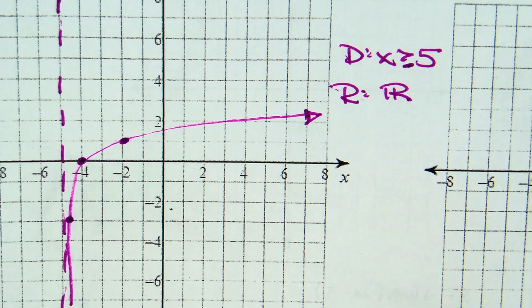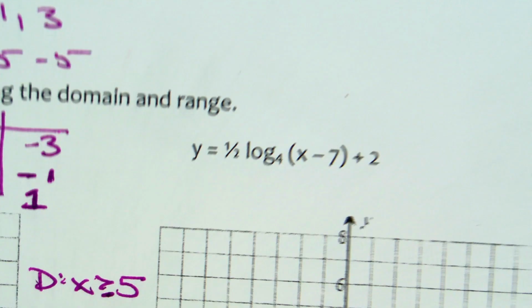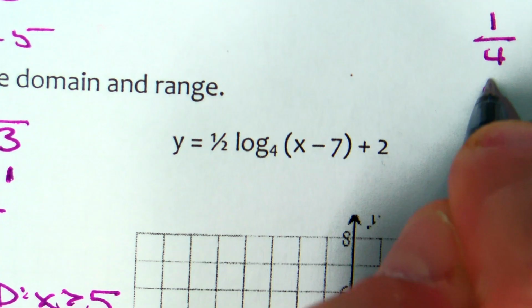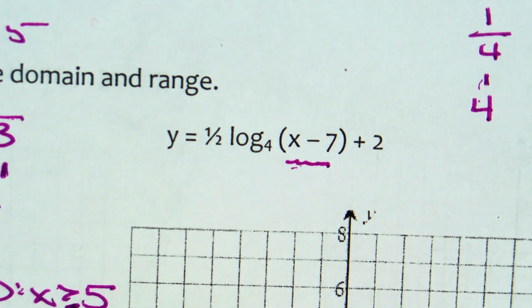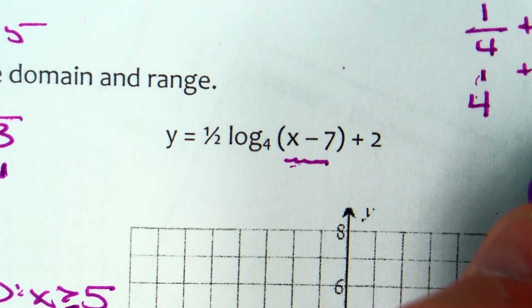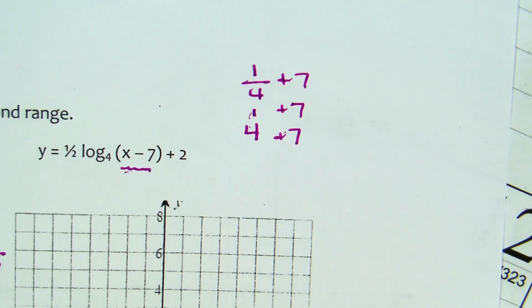Okay. For the second one, next one over, what's my base? 4. So I'm going to go 1/4, 1, and 4, and then do the opposite of the parentheses. What's the opposite of negative 7? Add 7. Again, it can be done on paper or in your head, either way.